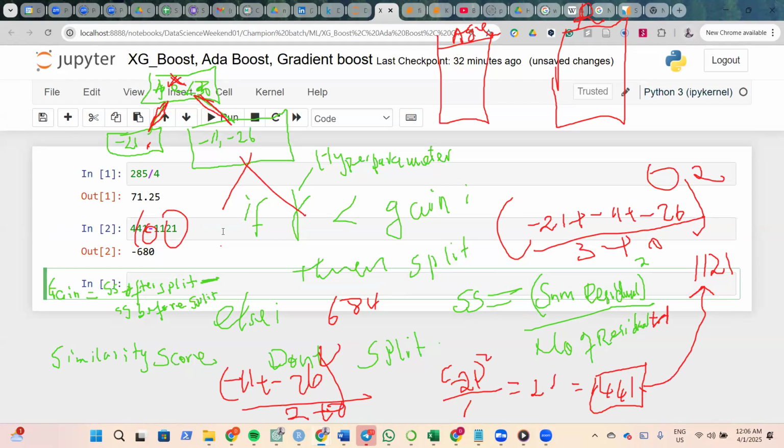Is minus 680 greater than 100? No. That means you will not split this one again, because we said we split only if alpha is less than the gain, and 100 is not less than minus 680. So there will be no split here again.